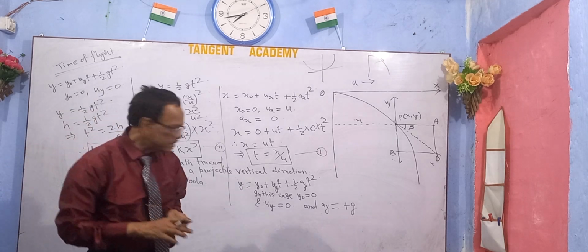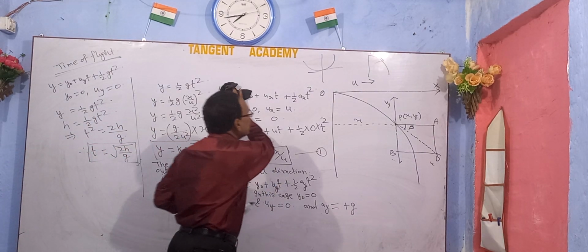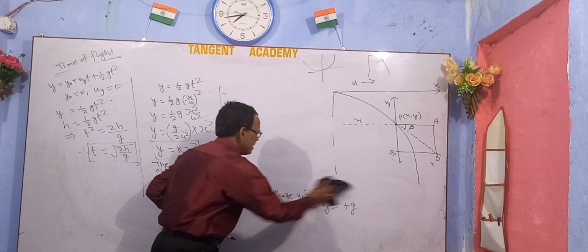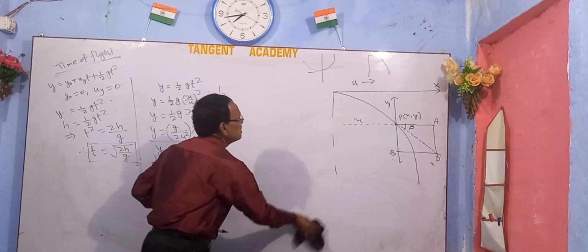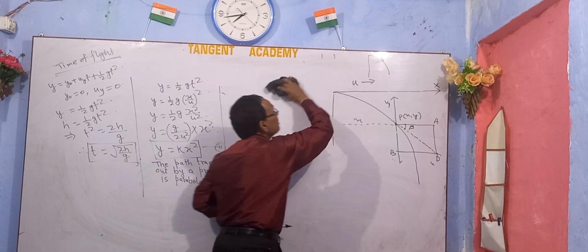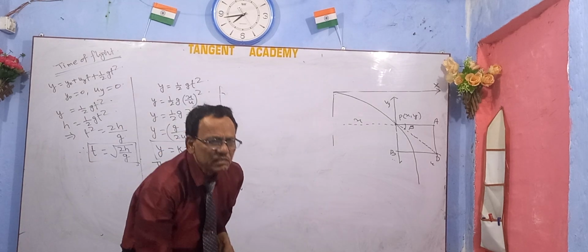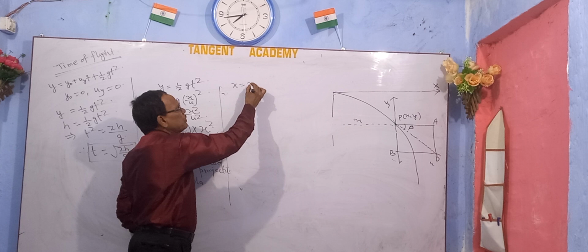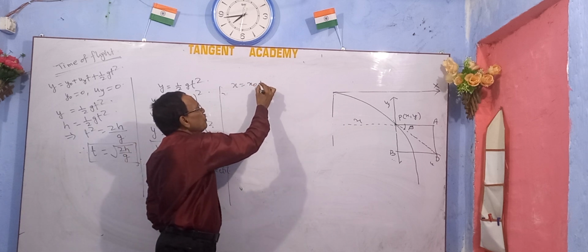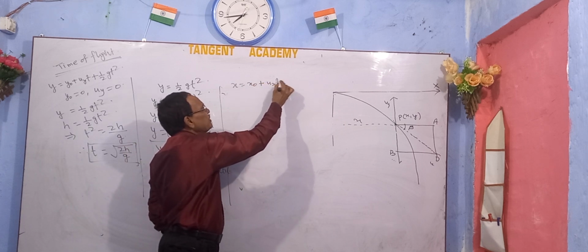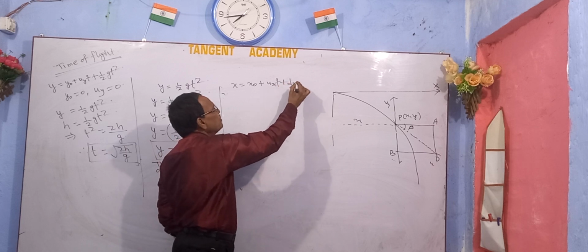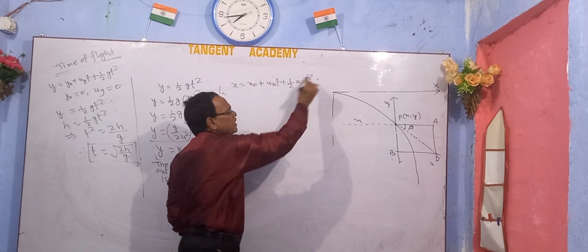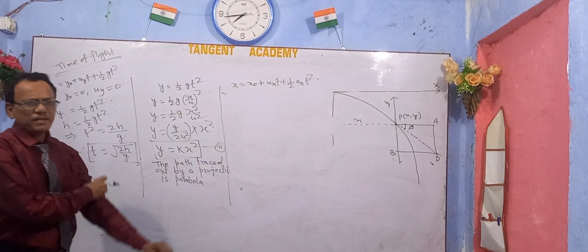Now horizontal range, we are going to find out horizontal range. Again, from equation of motion, x is equal to x naught plus uxt plus half axt square.